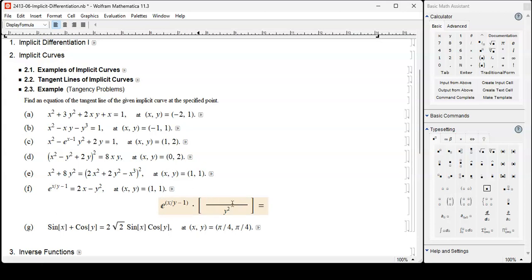The derivative of numerator is 1, times denominator, minus numerator times derivative of denominator, y prime. So that goes to the numerator. Okay, highlighted in red.